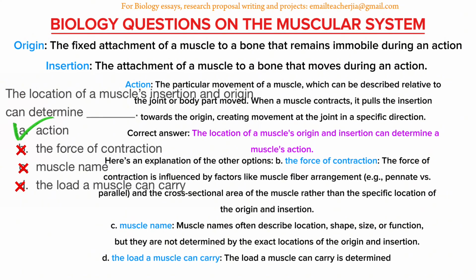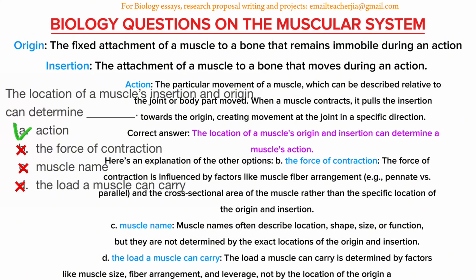Choice D, the load a muscle can carry. The load a muscle can carry is determined by factors like muscle size, fiber arrangement, and leverage, not by the location of the origin and insertion. I hope that is understood. So our answer is action.